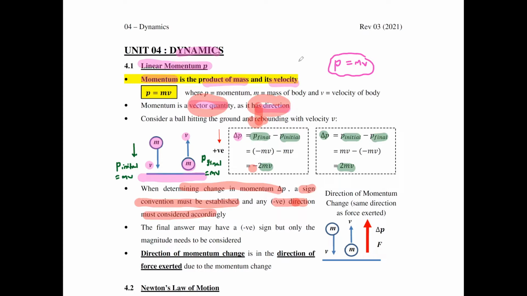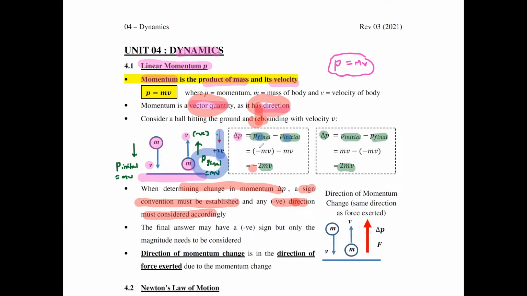So say right now, if I'm looking at the first example on the left here, I take my sign convention as downwards positive. So if I say final momentum minus initial momentum, the final momentum is this. Notice that it is actually pointing upwards. This is opposite to my sign convention, so this is considered to be negative momentum.